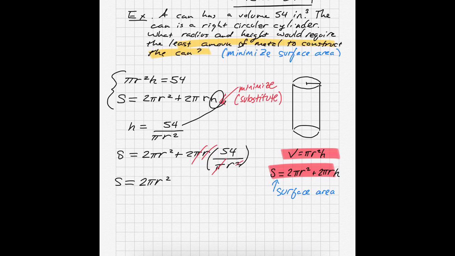Let's see, pi's cancel. One of my r's cancels. So what will I have? 2 times 54, 108 over r. Or if you like, this is 2 pi r squared plus 108 r to the negative 1.